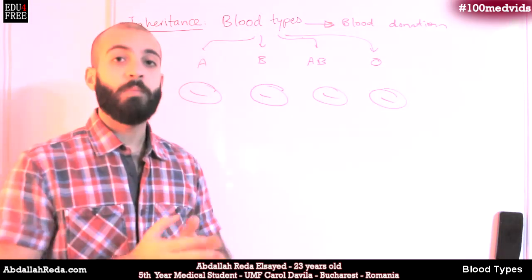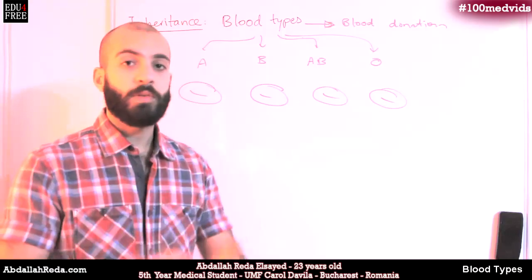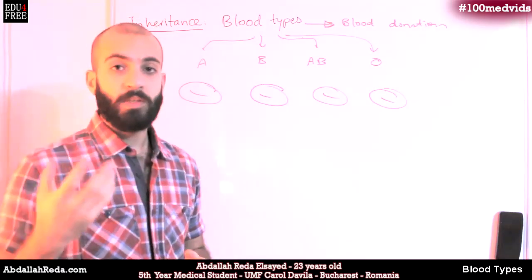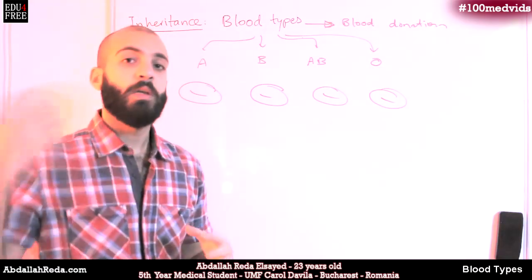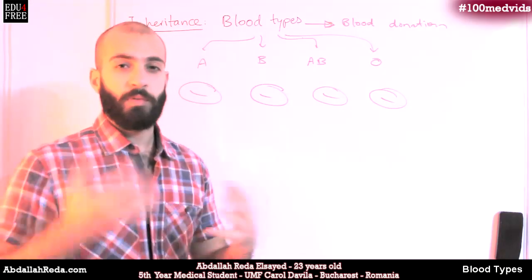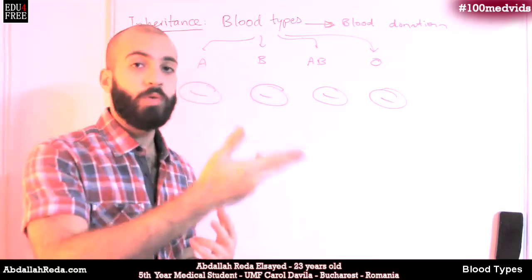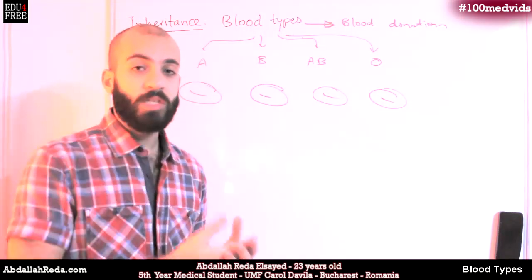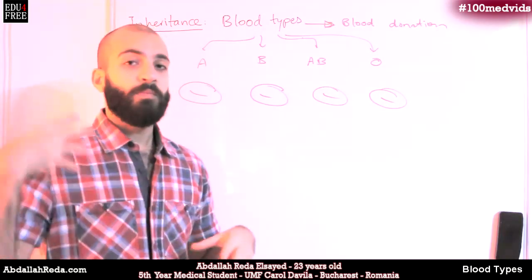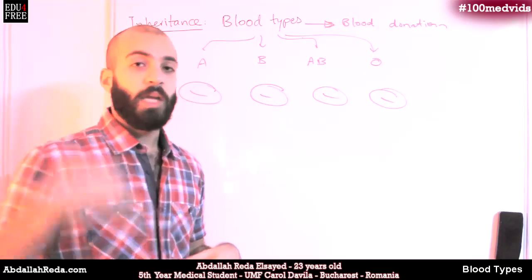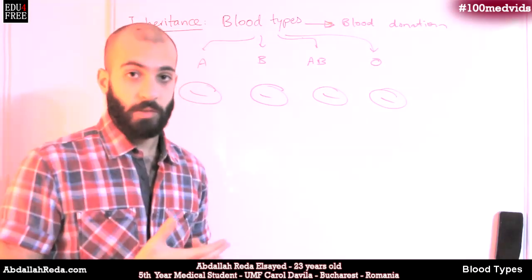So, for example, if a foreign cell enters your body and it presents an antigen, your body synthesizes antibodies, or if it already has antibodies against that cell, those antibodies go to that antigen and attach to it, and therefore they initiate an immune response to kill that cell per se.